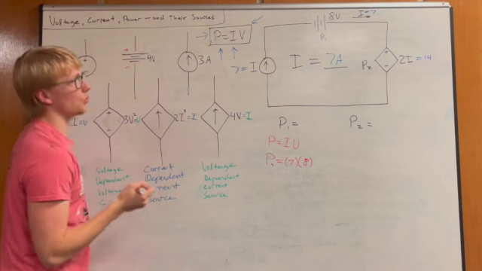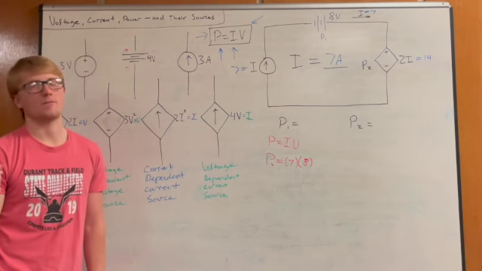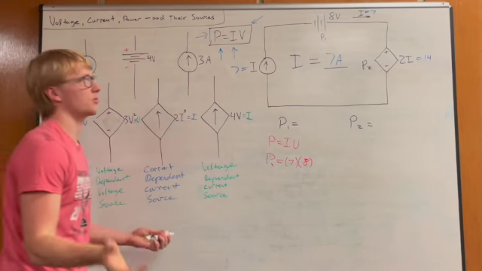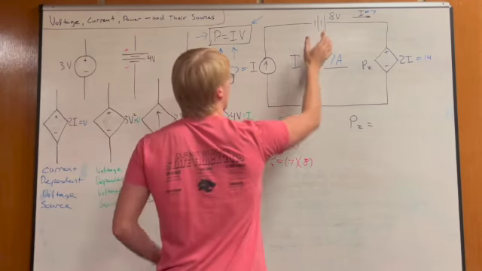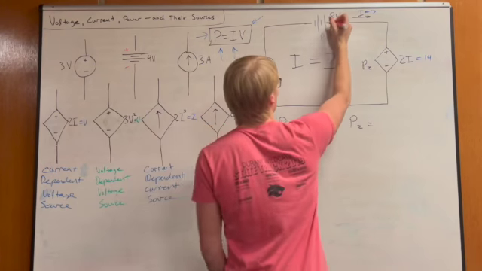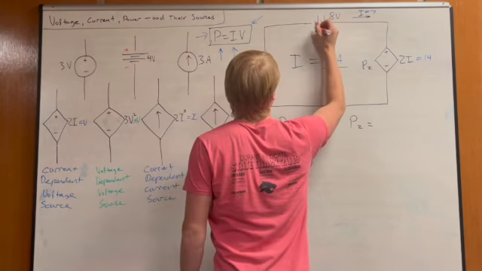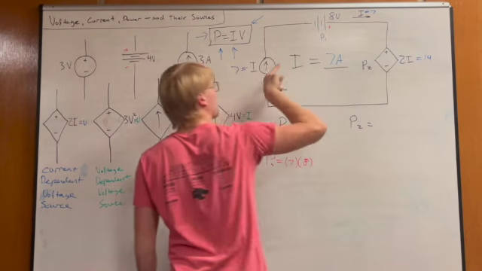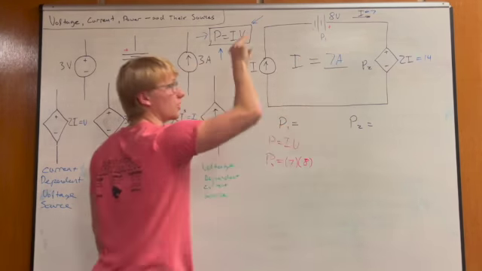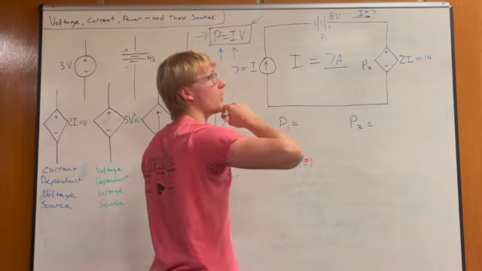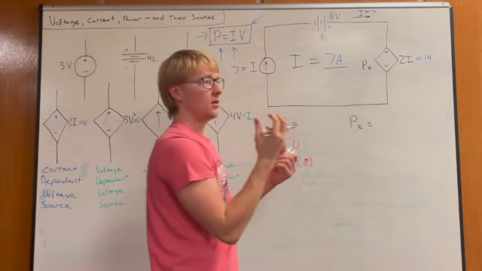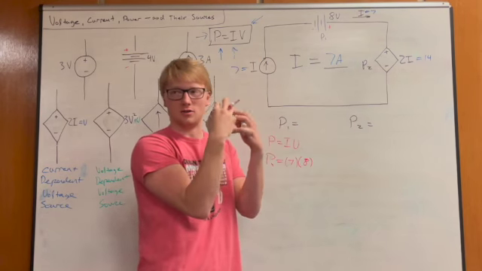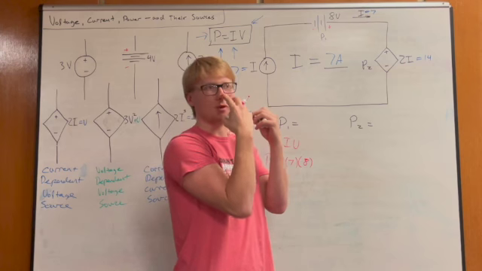But there's one thing that we're not thinking about here. We have to think about this conceptually. So this source right here, remember, I said that this side's positive and this side's negative. Therefore, the current's going that way, so the power is being given.